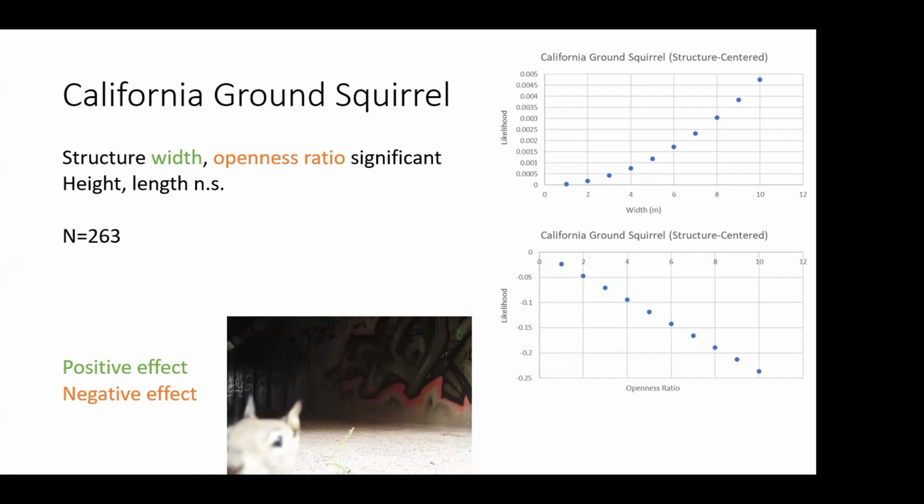They have a negative relationship with openness ratio, and that's not because openness ratio is necessarily bad, it's just that openness ratio also includes height and length. Height and length actually were not significant in terms of explanatory variables, and you can see those two curves on the far right. Okay, so they like wider structures, but they don't want them to be really big.